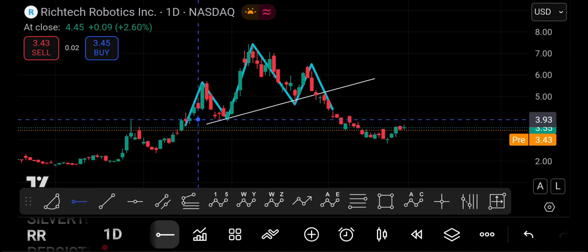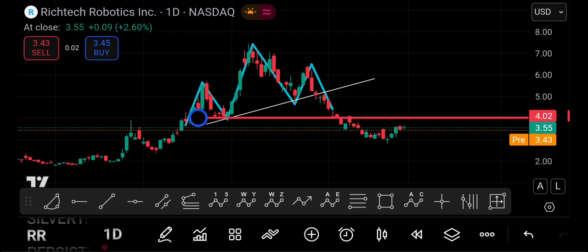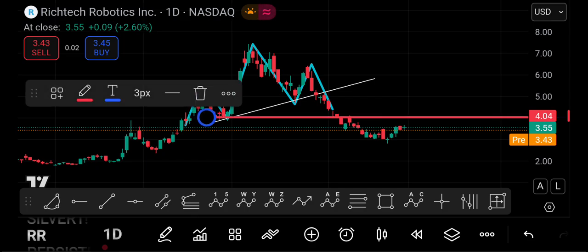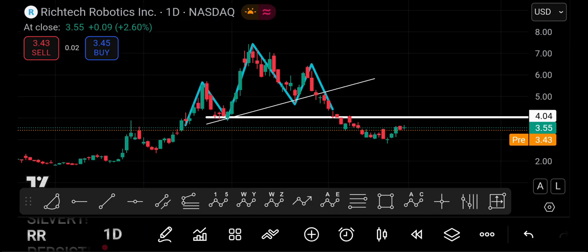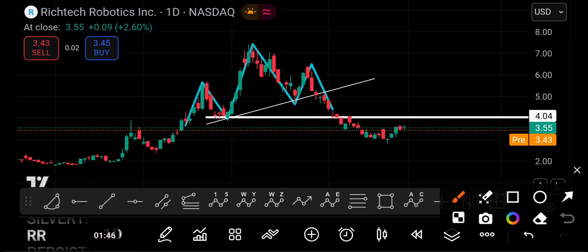The exact neckline came somewhere around $4.4. As soon as this neckline got triggered, this was a perfect area for the short sell.